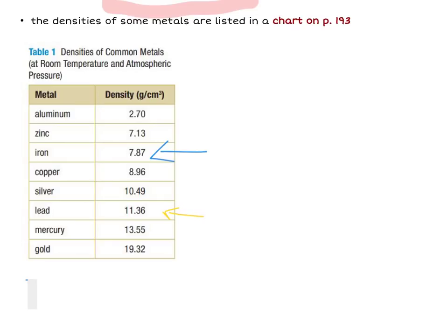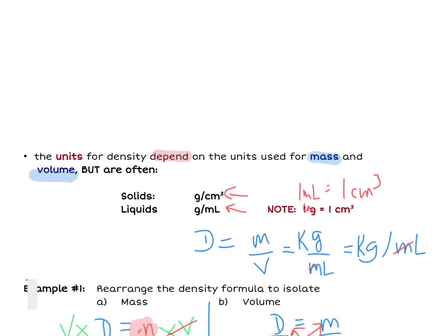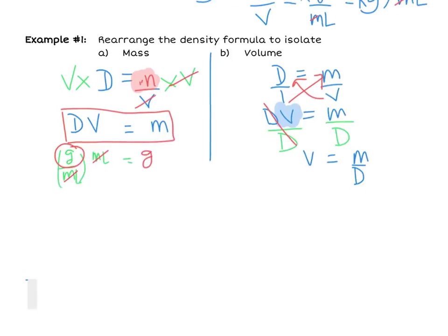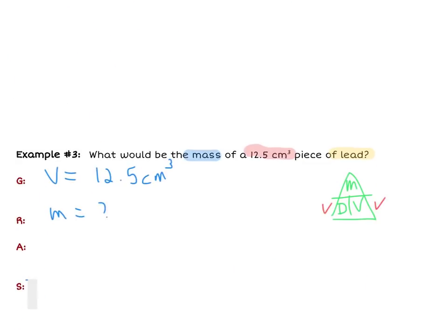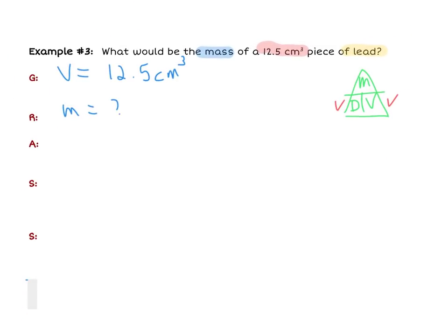So I'm going to remember that number, 11.36 grams per cubic centimeter, and I'm going to go all the way back, 11.38. And I'm going to include that over here. So my density is equal to 11.38, and the units in the chart that I'm using are grams per cubic centimeter, so I'm not going to forget to include my units.